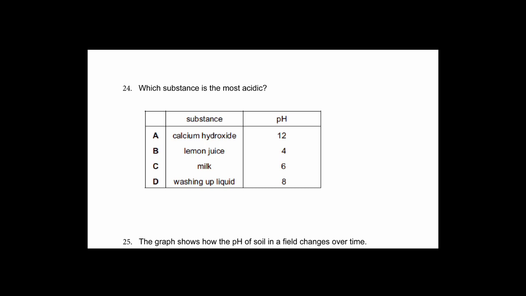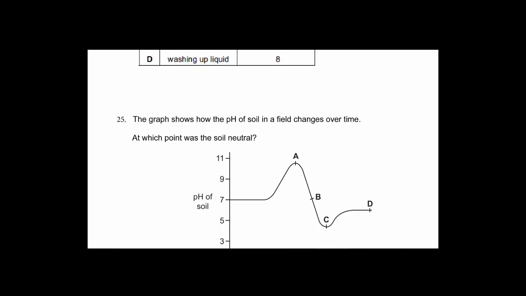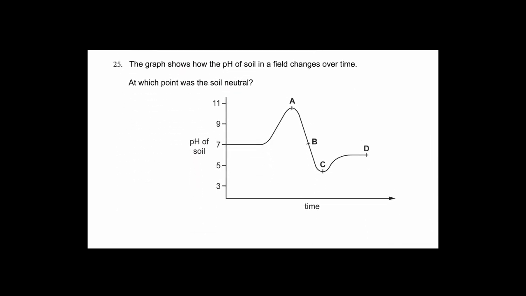Question number 25. The graph shows how the pH of soil in a field changes over time. At which point was the soil neutral? At this point. Why? Because we have an increase in pH. We understand we are increasing the pH upward.